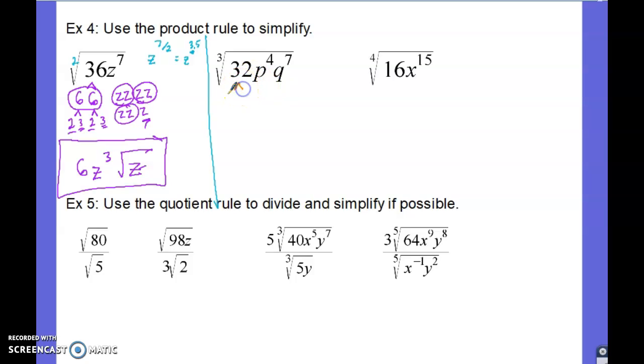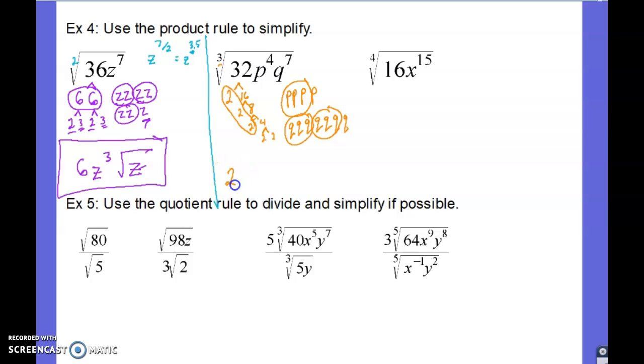So if I were to break down 32, we got 2 and 16, 2 and 8, 2 and 4, and 4 does break down, but there's no other groups of 3. There's one group of 3. And then we have 4 P's, but again, I just want one group of 3, and then I have 7 Q's. 2 groups of 3 Q's.